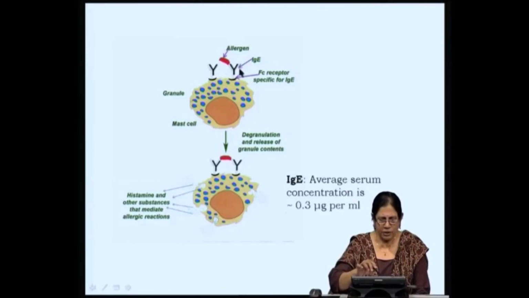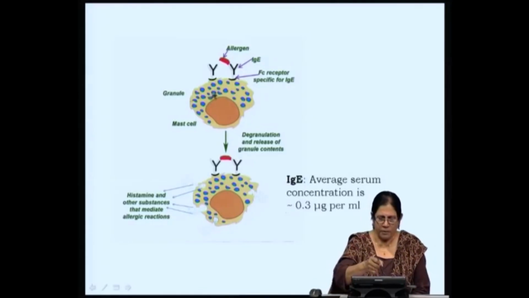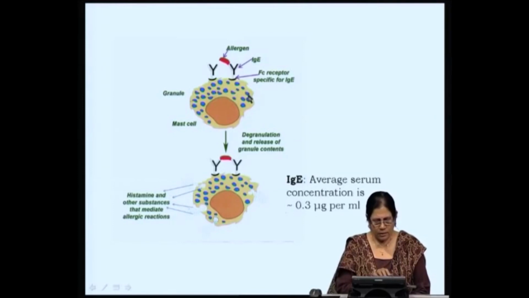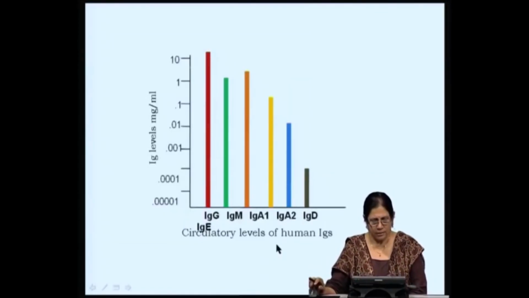Cross linking of such molecules by the allergen will induce cross linking of the Fc receptors which are present on mast cells, and this leads to degranulation and release of the pre-formed granules, stored granules, components of which are histamine and several mediators, which we will again deal with later. So, this is what IgE does. You might remember that both IgE and IgM have 4 constant domains.